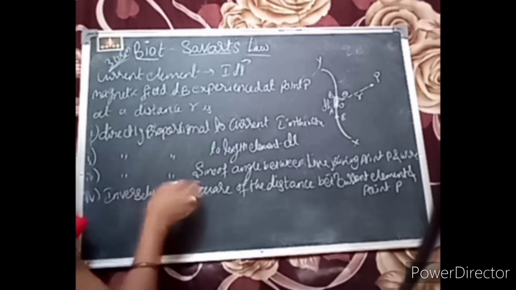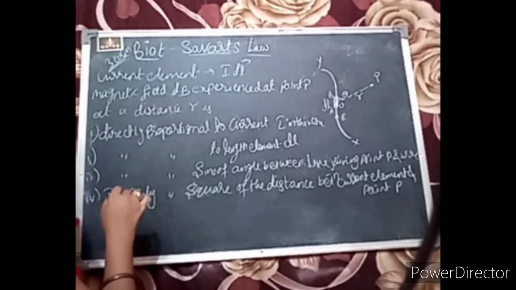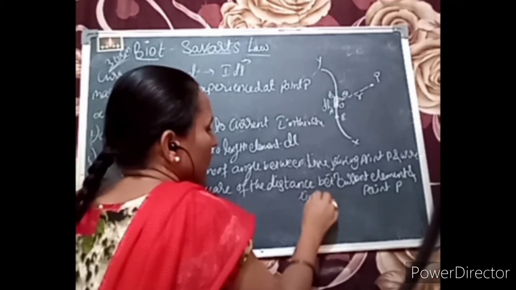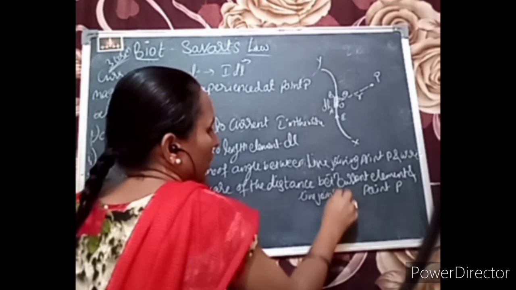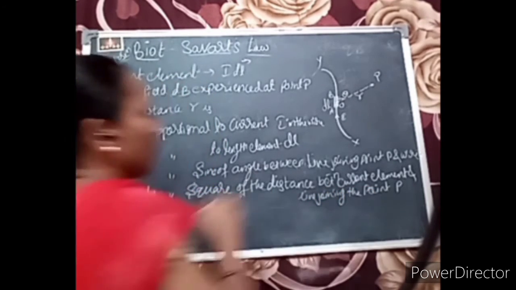So here, between the current element and the line joining the point P. Make it clear?